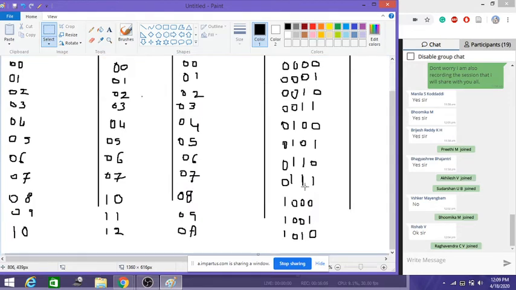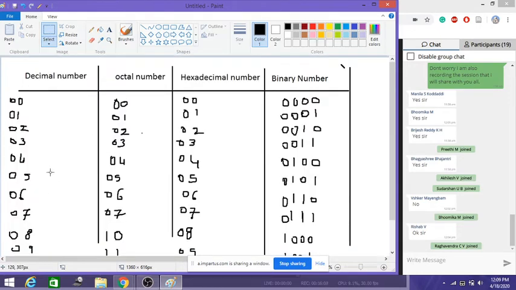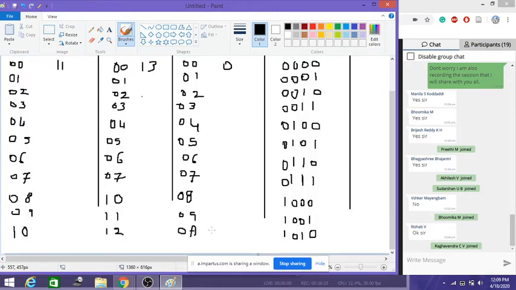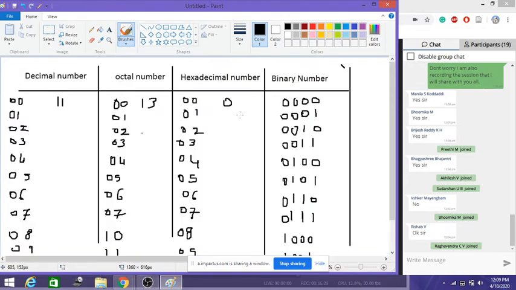Anyway, let it be as it is. So now after this 10, next I'll write 11. Here the last number was 12, so now it will continue as 13. Now it was 0, yeah, now it is 0. I think we have missed something. Yeah, it's correct. So it's B, so now it will be B.